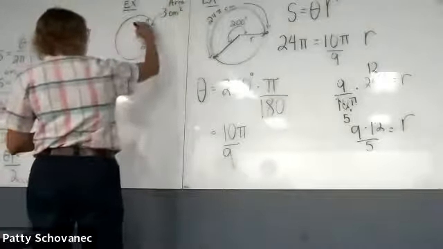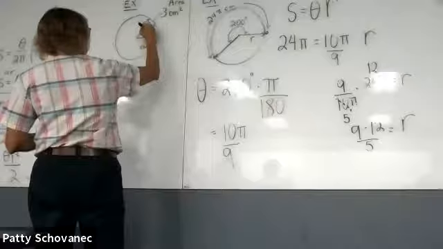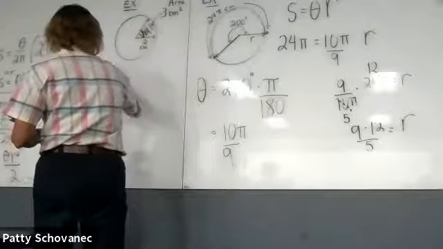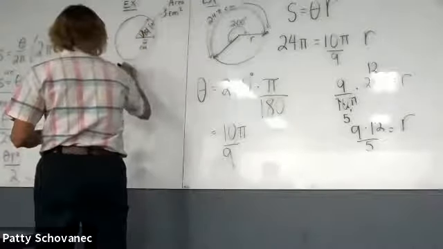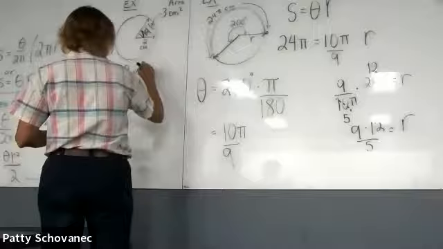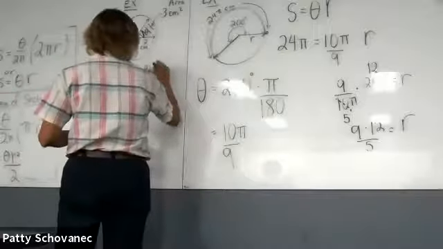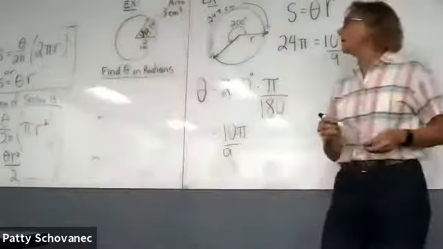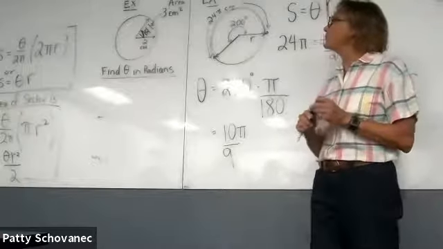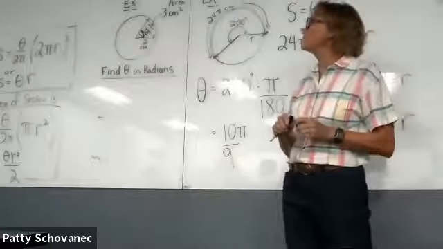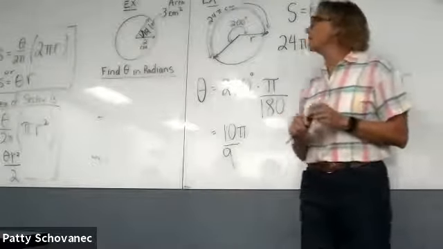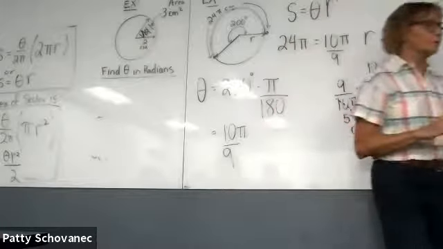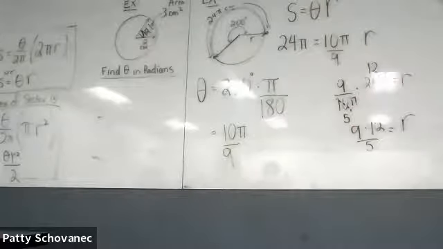Find this angle theta. Central angle theta is unknown, but we do know it cuts off 3 square units of area in a circle of radius 2 centimeters. Is that enough information for you? Yes.